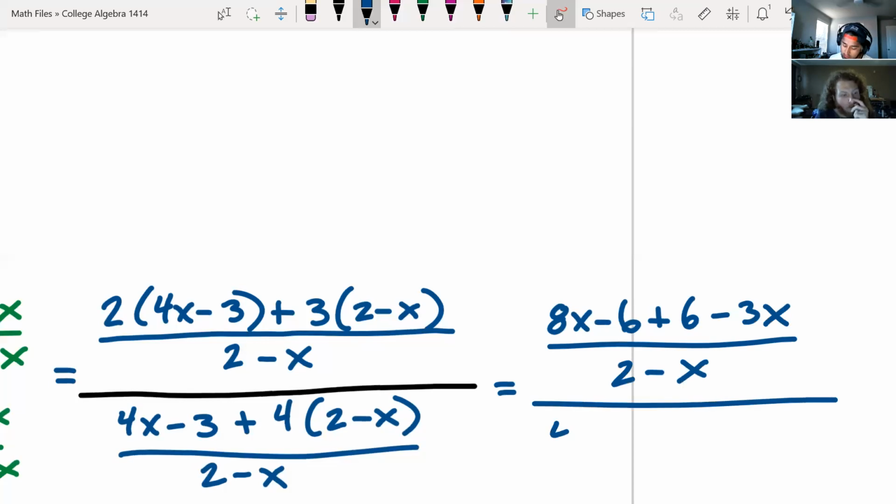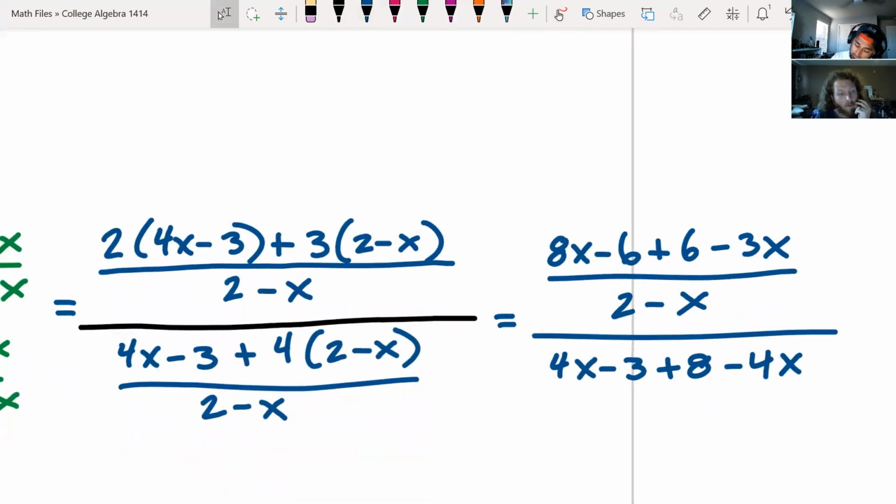And then down here, 4x minus 3 plus 8 minus 4x over the same denominator of 2 minus x.